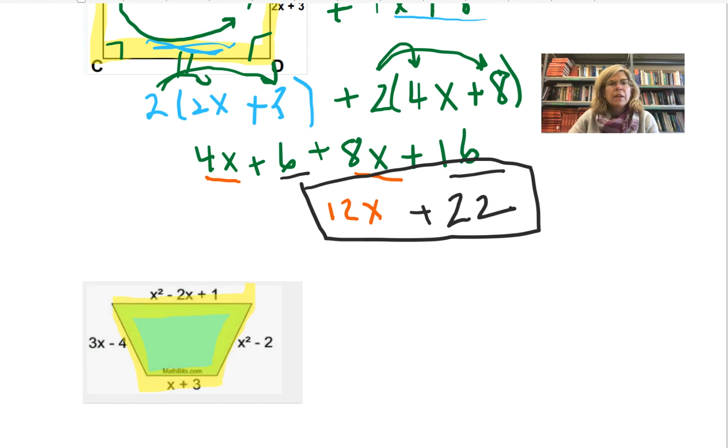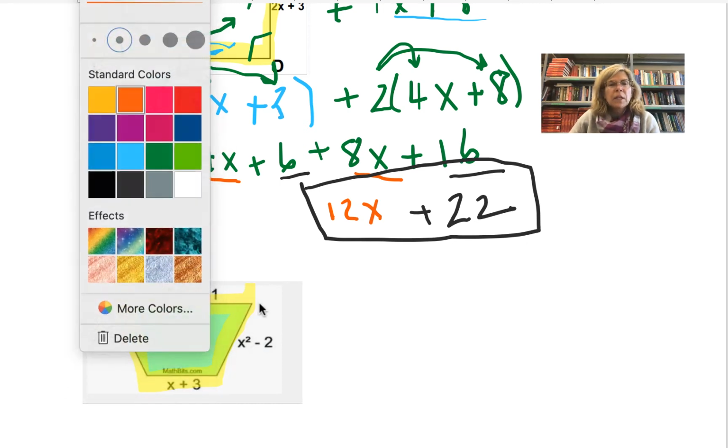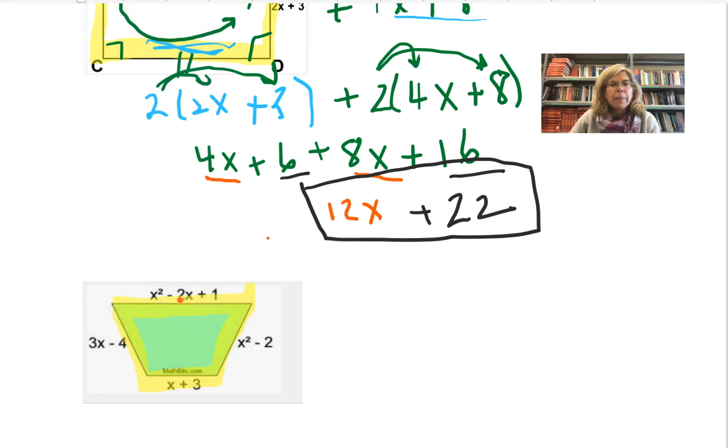So I'm going to first start with the base, x squared minus 2x plus 1. Then let's go to the left. I like going to the left, counterclockwise always.